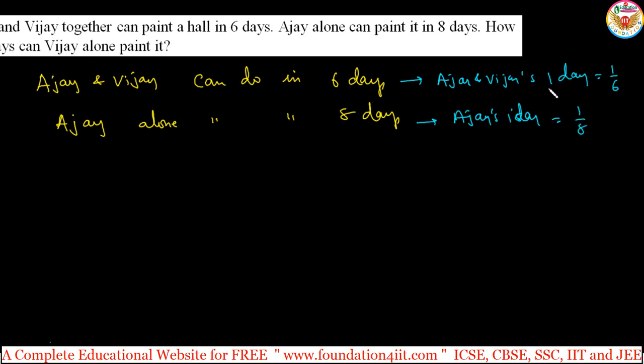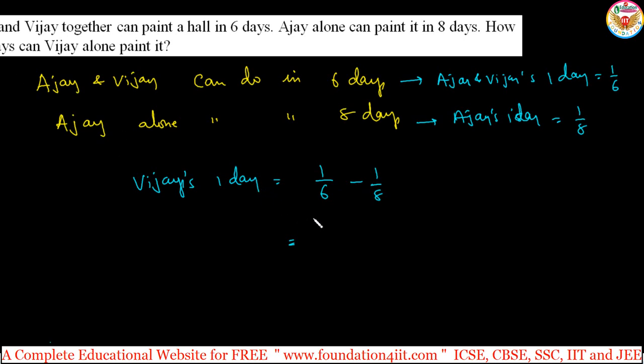These two together in 1 day do 1 by 6th, only Ajay in 1 day does 1 by 8. If you want Vijay's 1 day, that is only Vijay's one day capacity, from the together figure subtract Ajay's. So from 1 by 6 you subtract 1 by 8. Then you can find out only Vijay's capacity per day.